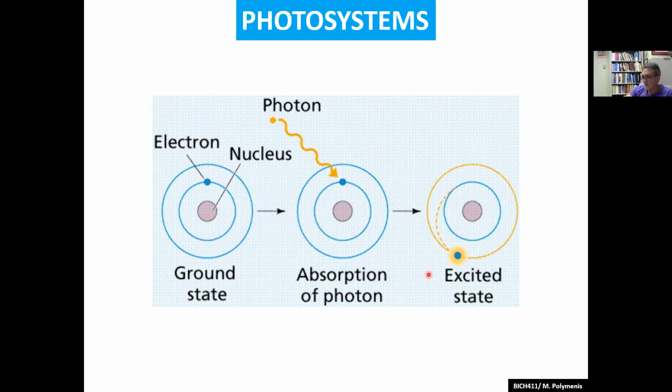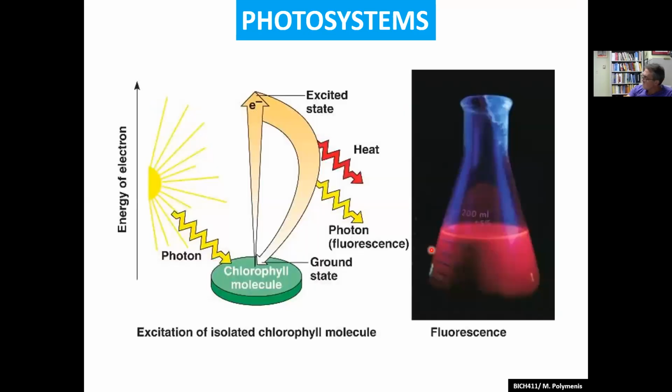It's going to spin at a different orbit. And that will not last very long. It will come down. And when it does come down, you have a release of heat. And you have another photon coming out sometimes in the form of fluorescence, right? And again, you have to imagine a chlorophyll molecule on some leaf, and there is a photon coming from the sun, which then is able to excite this electron.